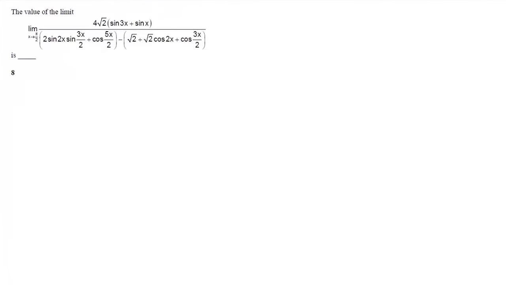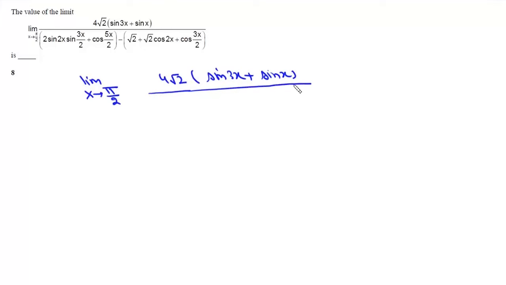Now here the question is, we need to find the value of this limit. Now this is limit x tends to pi by 2, 4 root 2 (sin 3x plus sin x) whole divided by 2 sin 2x into sin 3x by 2.